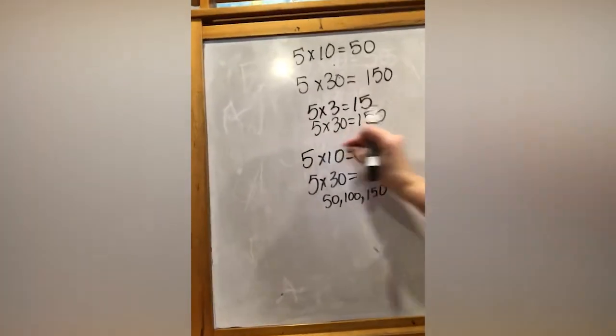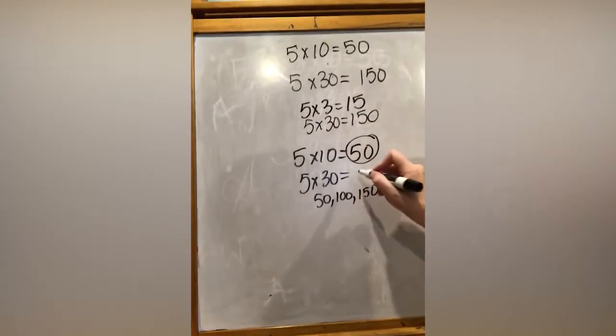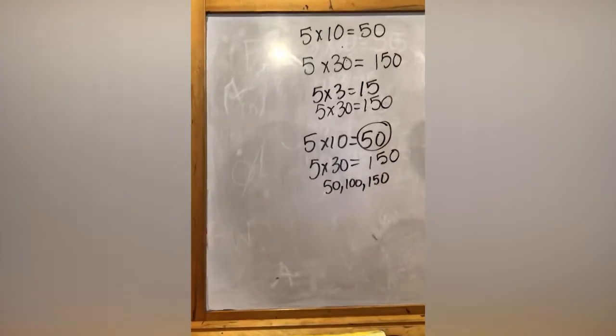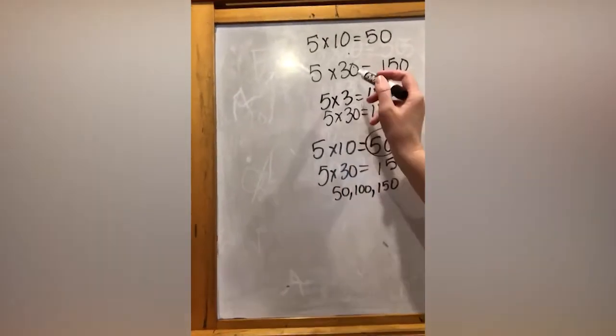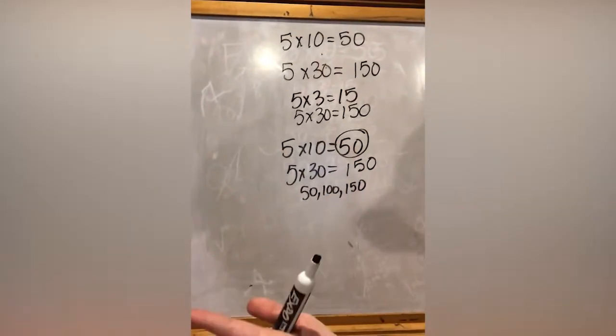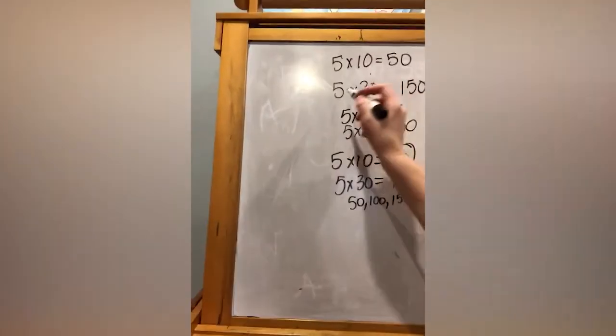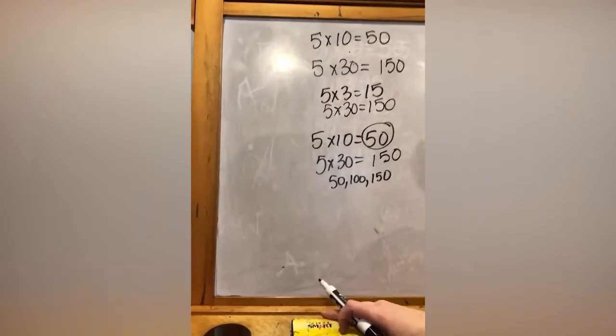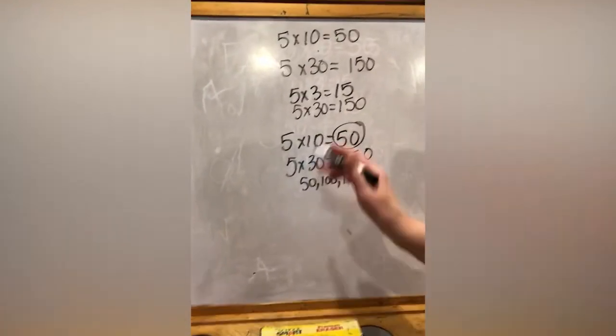I just took that 5 times 10 and added it together 3 times to also get 150. Some of you might also decide to count by 30s. 30, 60, 90, 120, 150. You could count by 5s, but that would be a lot to keep track of, wouldn't it? But that is another strategy as well.